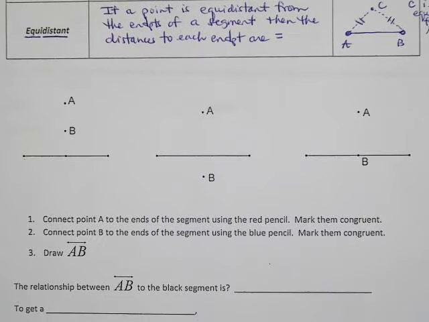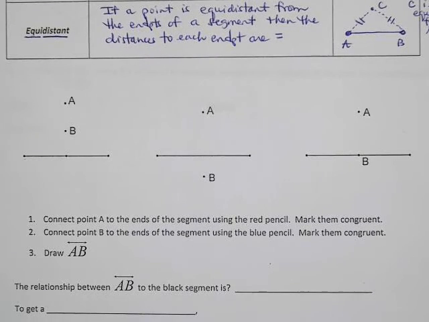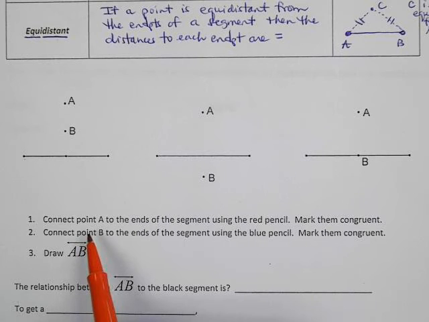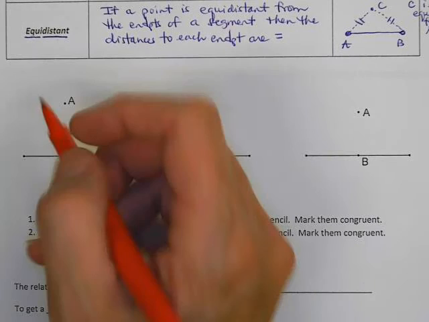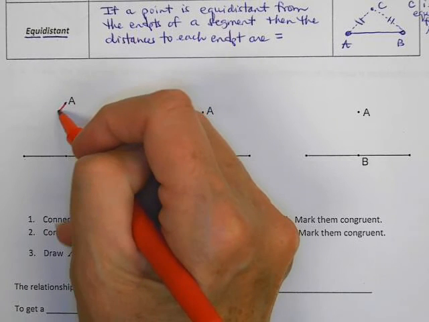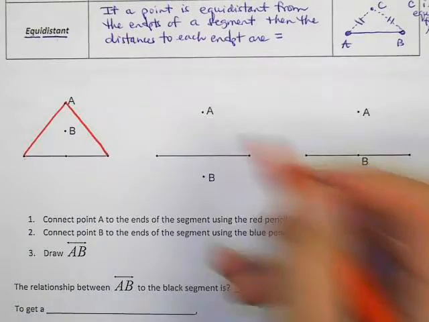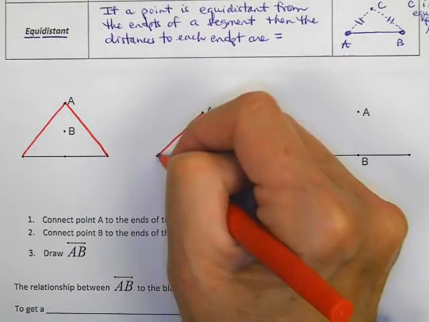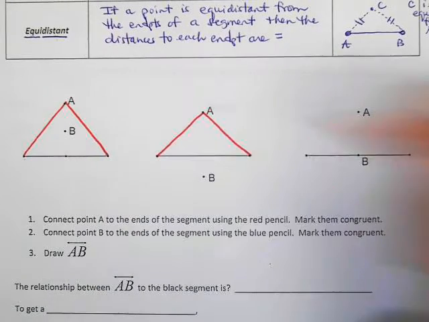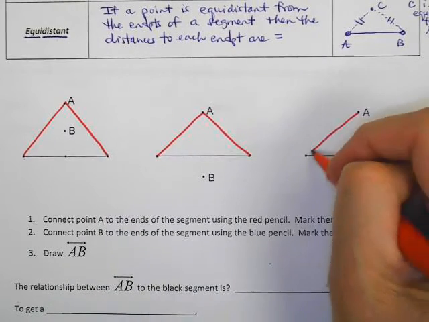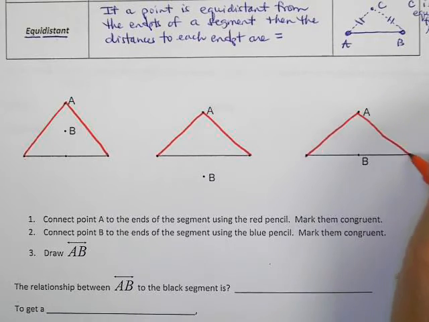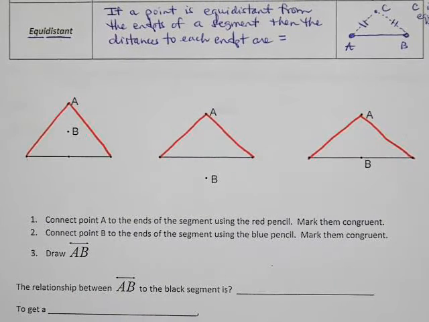All right, so let's see if we can figure out what this theorem is that we're talking about. If you have a couple of different colored pens, it will help. In part A, it says connect point A to the endpoints of the segment using the red pencil. I probably should be using a ruler, but I'm just going to draw them in nicely if I can, on each one of these pictures. Then in part B, it says connect point B to the endpoints of the segment.